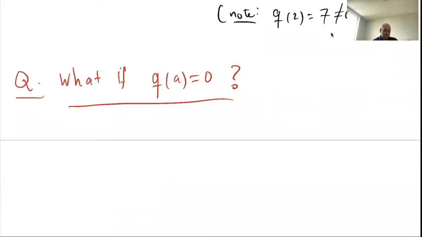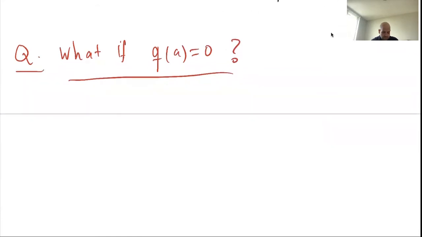So I want to recall one fact from pre-calculus, that if Q of x is a polynomial and Q of a is 0, meaning that a is a root for Q of x, then x minus a is a factor for Q of x. So if x minus a is a factor, that means you can factorize Q of x as x minus a times another factor, and then try to calculate the limit.